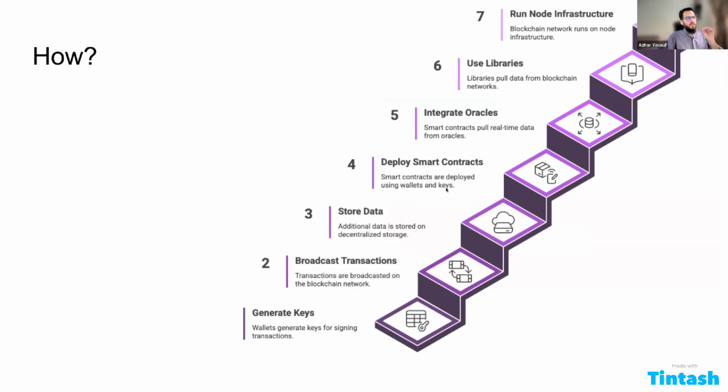And after that, you can deploy your smart contracts to interact with the stored data, to interact with the rest of the blockchain state, to allow certain functionality in your applications. And those smart contracts always work with the wallets and keys. So whoever is interacting with a particular smart contract has to sign transactions with their own keys.